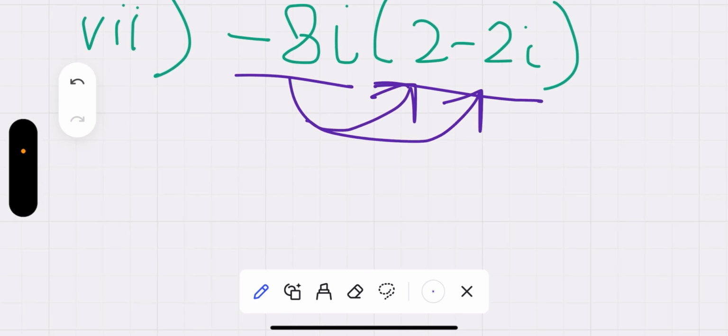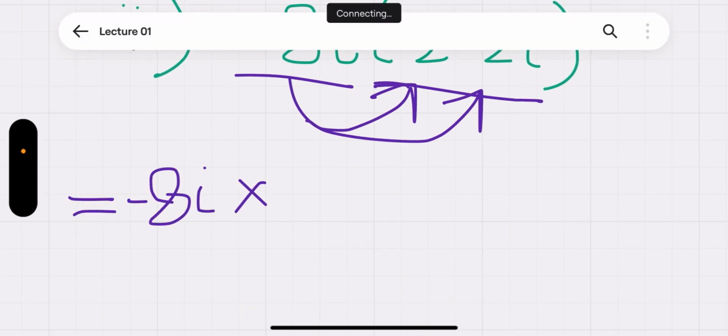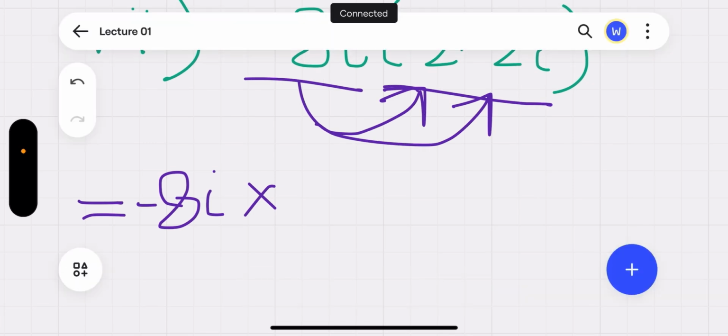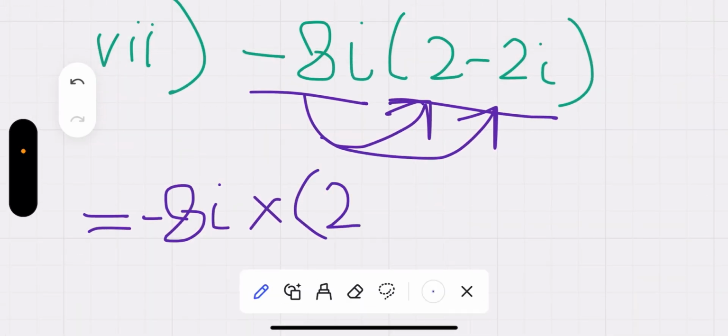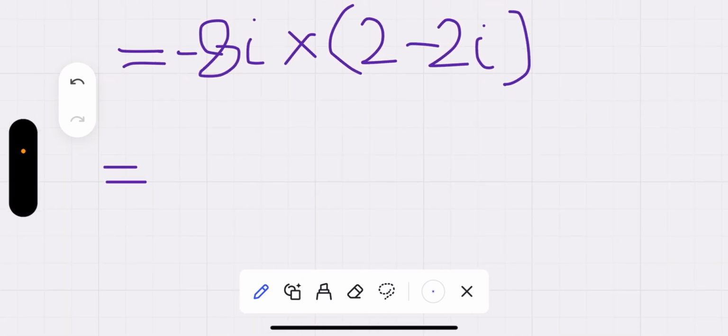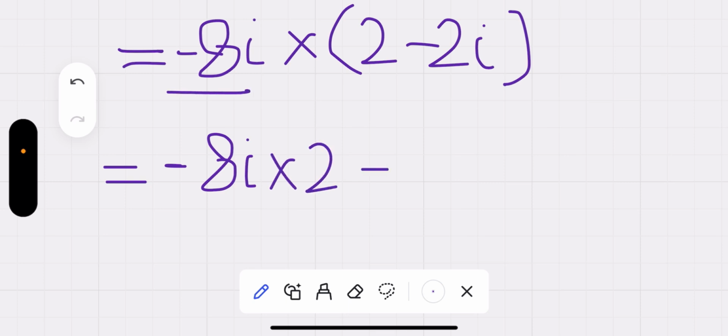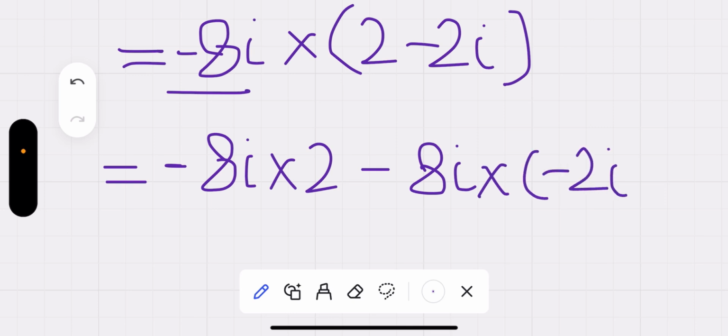So first we shall write here minus 8 iota multiply (2 minus 2 iota): minus 8 iota multiplied by 2, and then minus 8 iota multiply minus 2 iota.